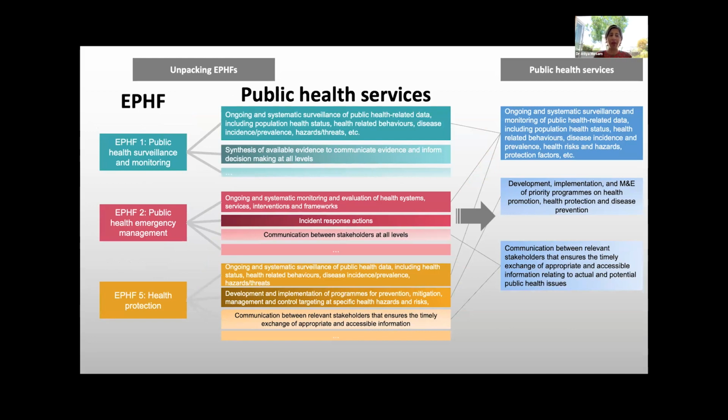EPHF 1 talks about a public health service related to ongoing and systematic surveillance of public health data, including population health, health-related behaviors, etc., but also a service related to synthesis of available evidence. For EPHF 2, again, you see ongoing and systematic monitoring and evaluation of health systems, but including incident responses and communications, amongst other possible services.